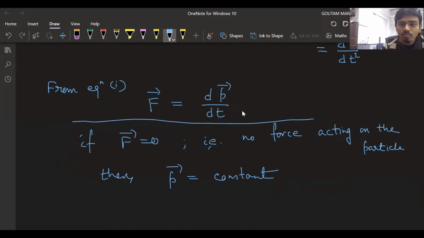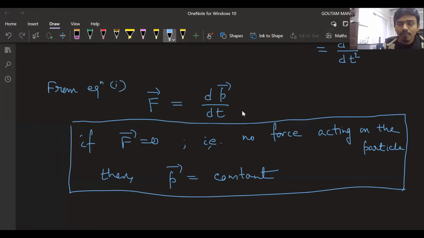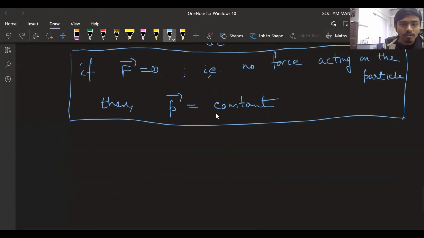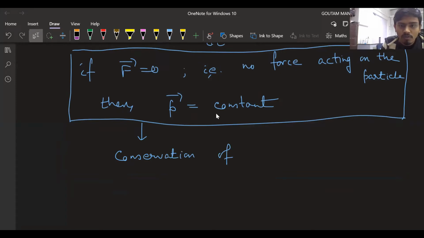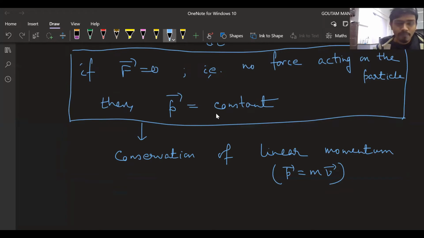So if there is no force acting on the particle, the momentum of the particle will be constant. This is called the conservation of linear momentum. Linear momentum means p, and this p we call linear momentum.